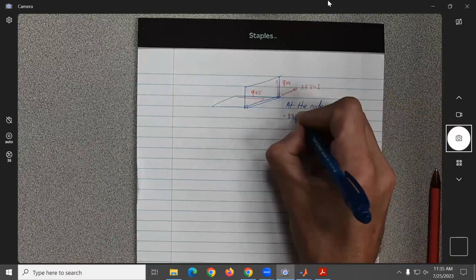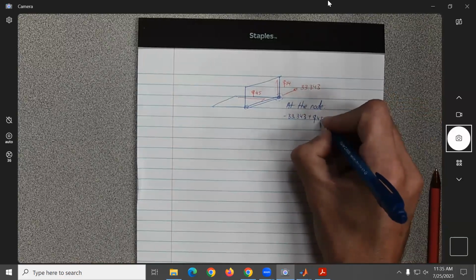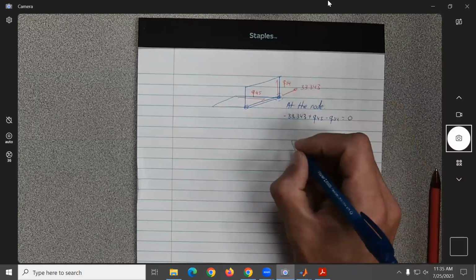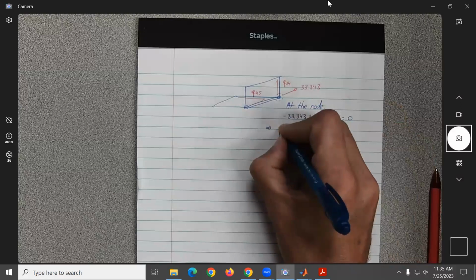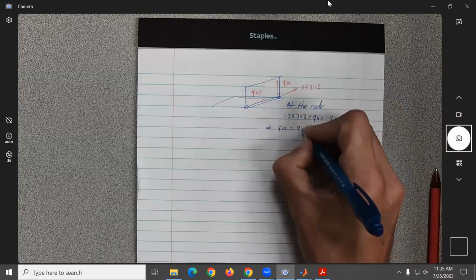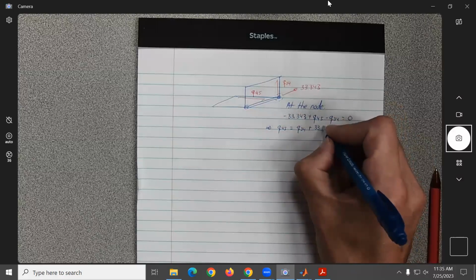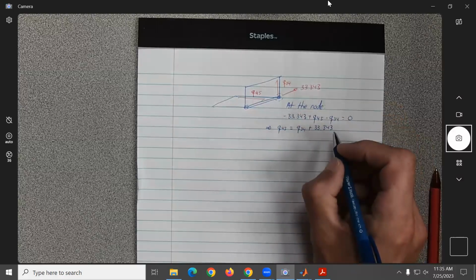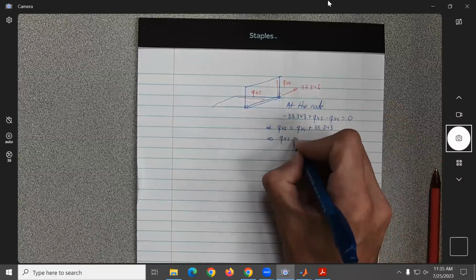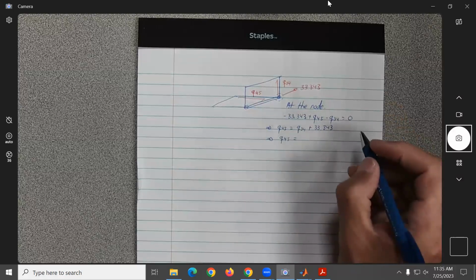Minus 33.343 plus Q45 minus Q34 equal to 0, which gives Q45 equal to Q34 plus 33.343.